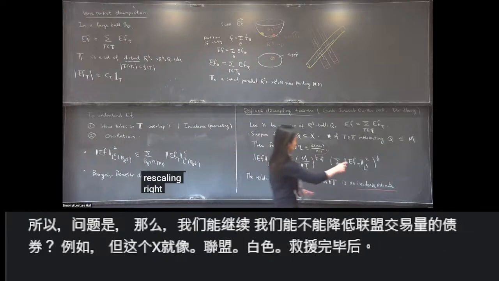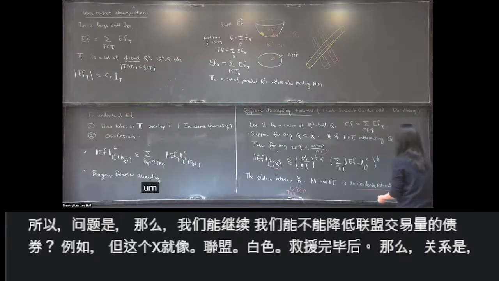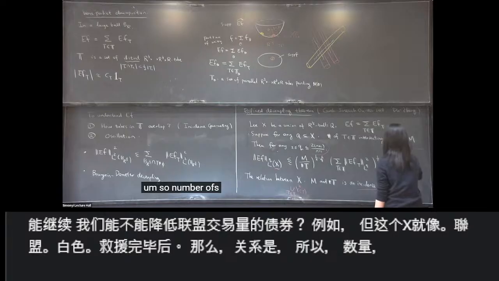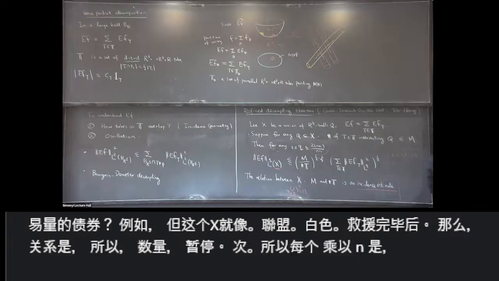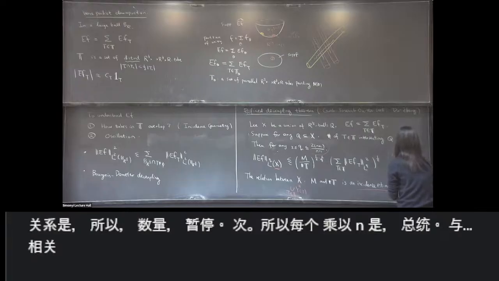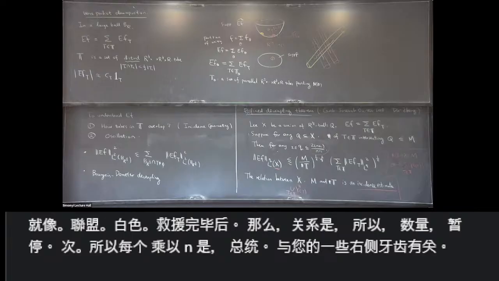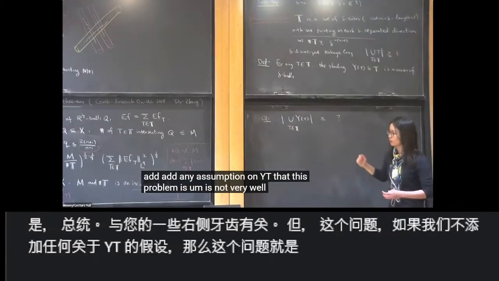And then the relation is that the number of balls in X times N is related to the sum over Y_T. But this problem, if we don't add any assumption on Y_T, is not very well posed.